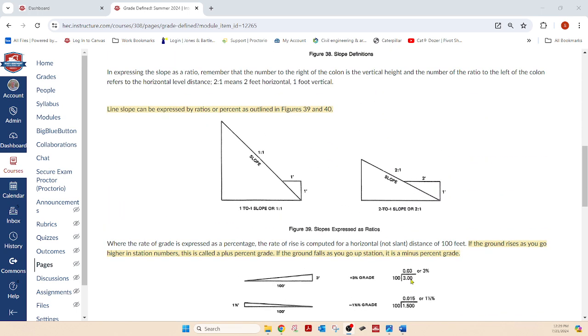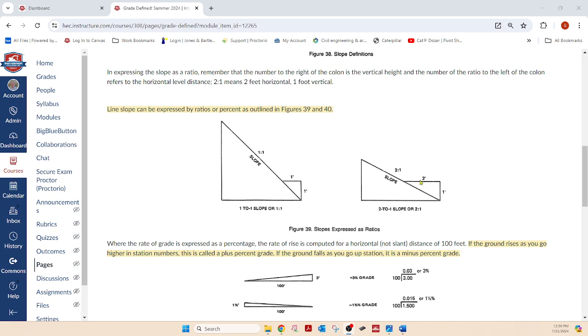The formula to find a slope ratio, such as 2 to 1, is to take the desired horizontal distance and divide it by the desired vertical distance. In other words, the desired horizontal here is 2, and the desired vertical is 1.